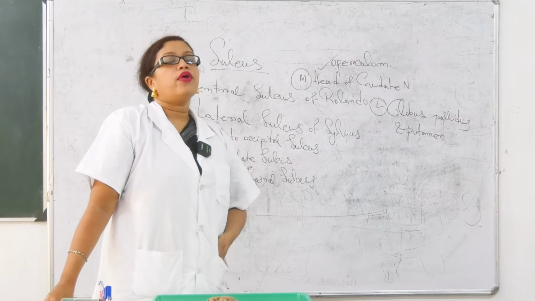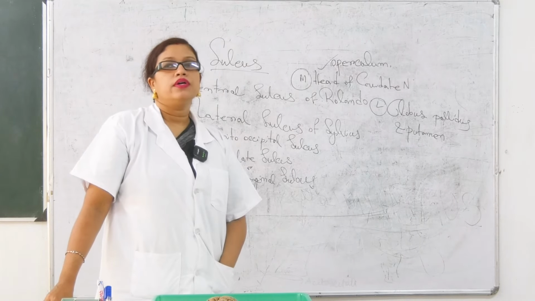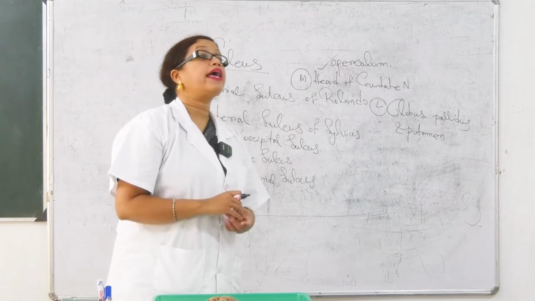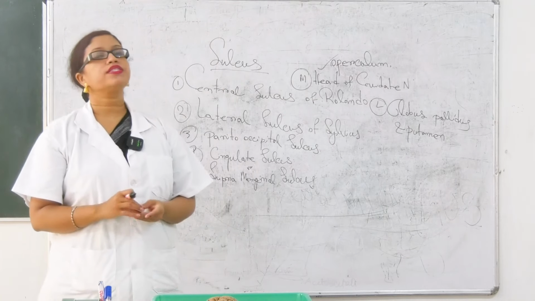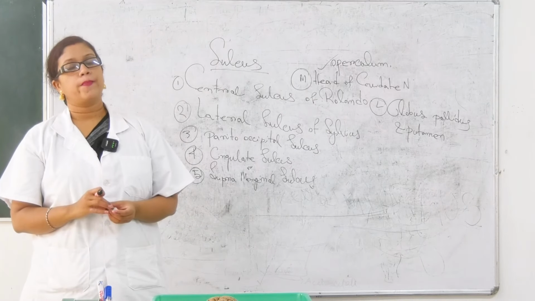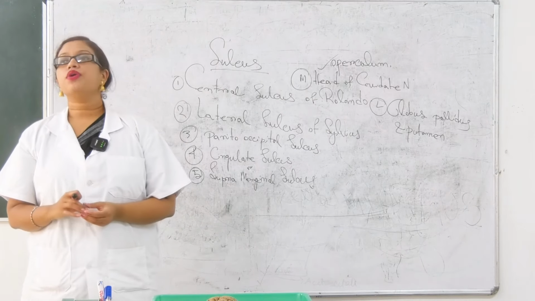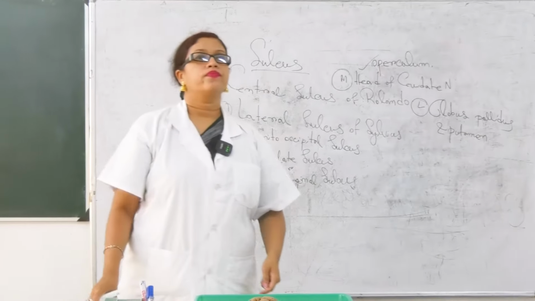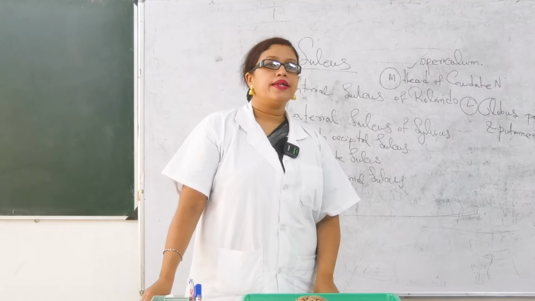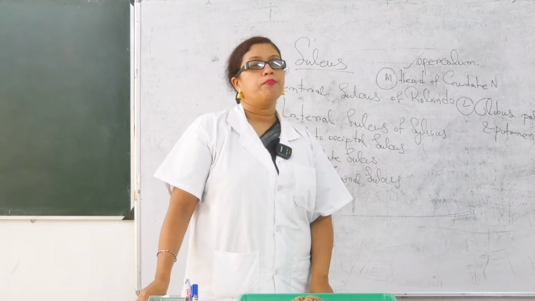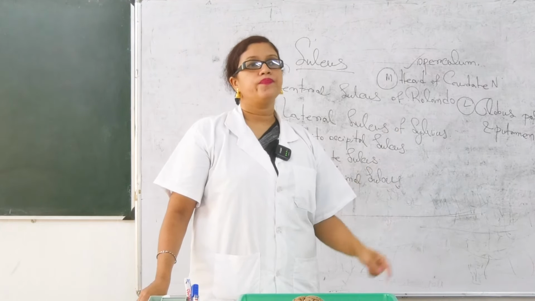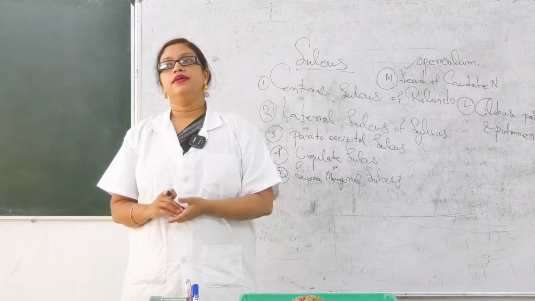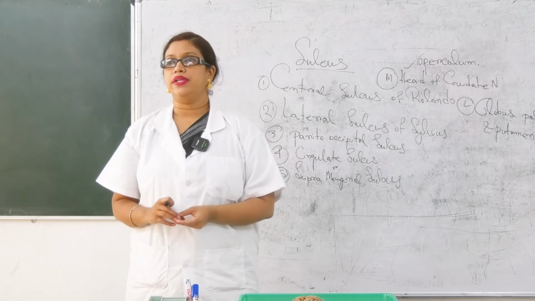Now write it down: the genu is related to the thalamus. Now coming to the posterior limb of the internal capsule, what will the medial relation be? Just the opposite. The medial relation will be the globus pallidus and putamen.